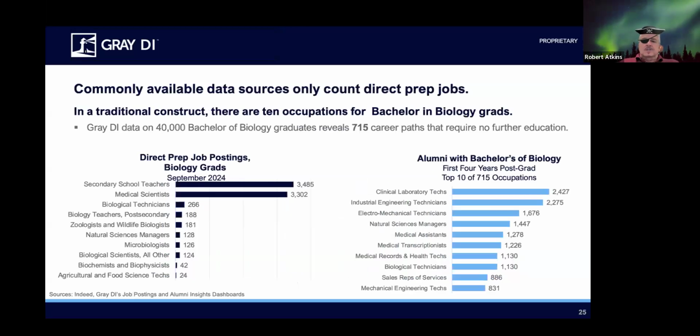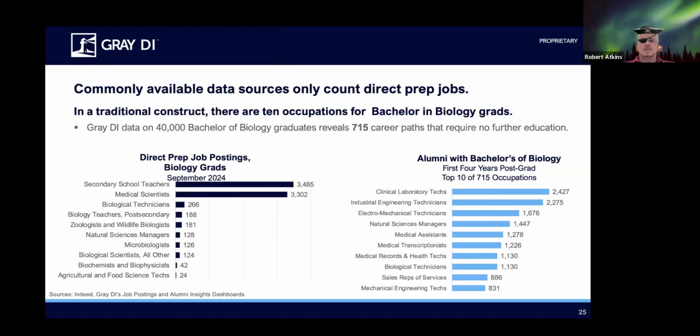So when you're thinking about jobs and programs, and I apologize to those of you who've heard this before, but I'm going to keep pounding the table on this in the hopes that people finally get it. What people normally do when they tell you how many jobs there are for graduates of a program is they assume that graduates go into fields for which they're directly prepared. That's the traditional way of doing this work.